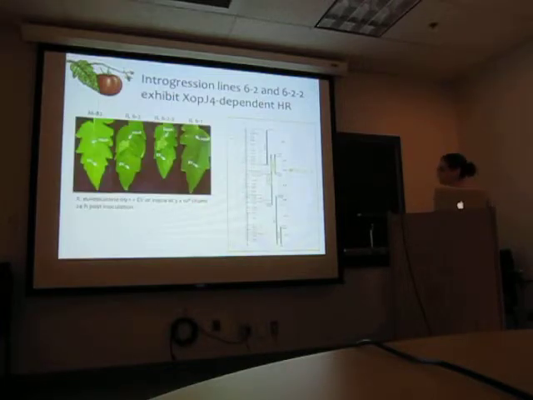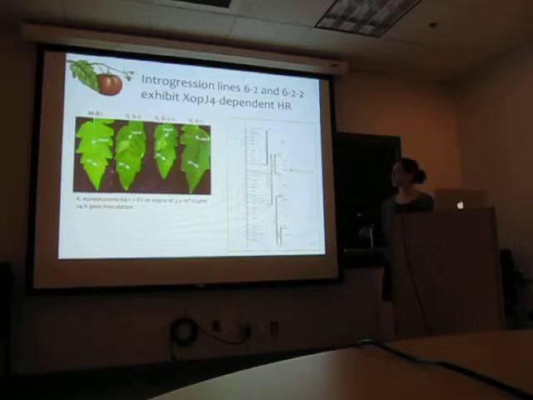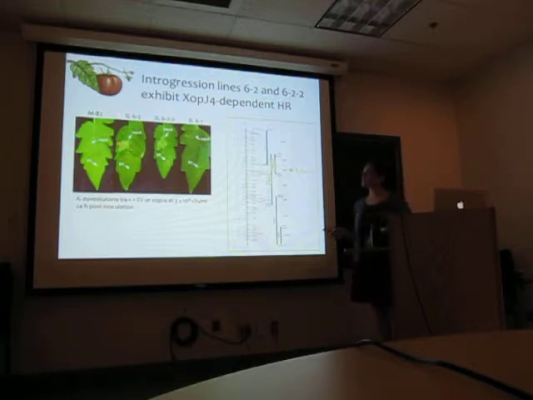What I did was take all 50 lines and inoculate them with a high concentration of this strain that does not contain the ZOPJ4 effector, so I had this strain with empty vector or with the vector containing ZOPJ4. You can see here that this one introgression line, IL-62, showed an HR that was dependent on ZOPJ4.